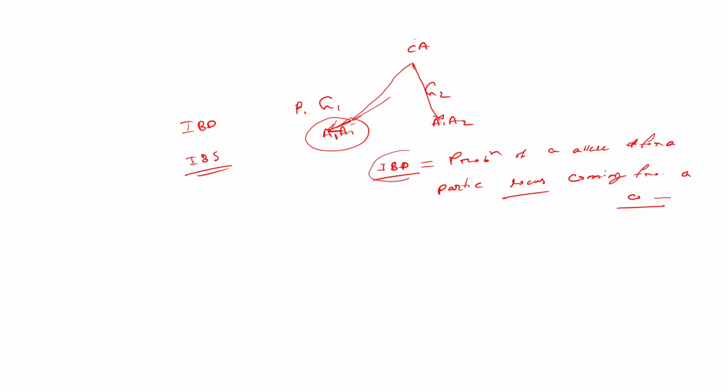But if this allele coming from A1 is the same allele, but this one is coming from a different parent or different background, then this is called identical by state. These nucleotide sequences are similar, but when this is coming from the common ancestor, this is called IBD. And when it comes from a different background, background 1 and background 2 in different populations, or when there is no common ancestor, then this is called identical by state.